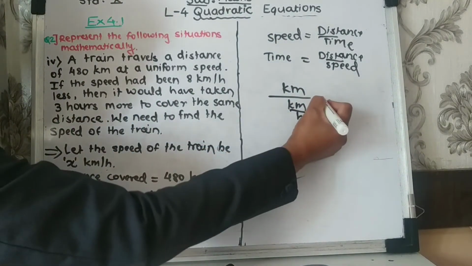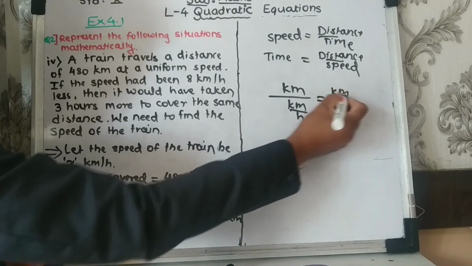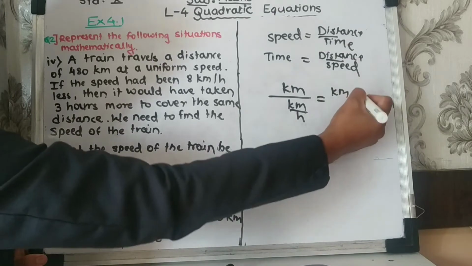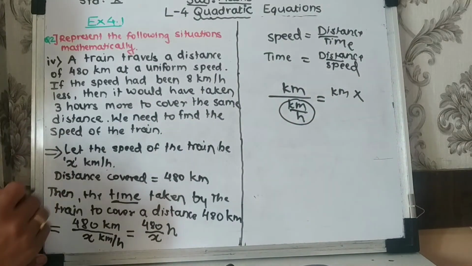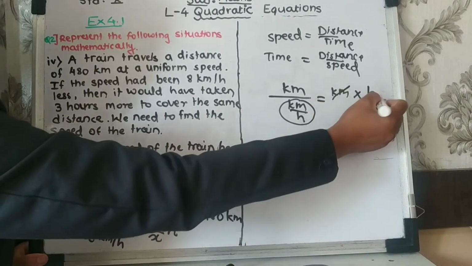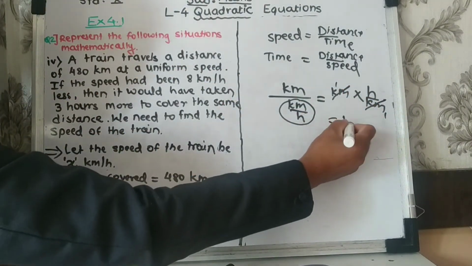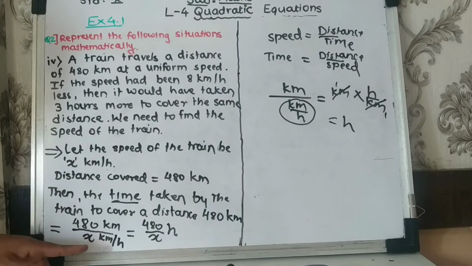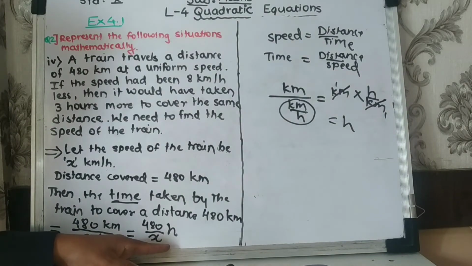When I solve it, the kilometer in the numerator stays as it is, the denominator we take the reciprocal, so hour upon kilometer, and this kilometer cancels, and simply hour remains, right? So we are calculating in hours, not minutes or seconds. Understood this and how we got this?